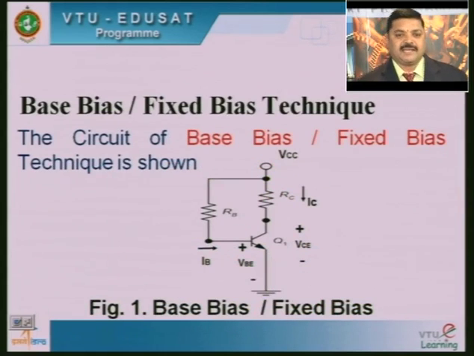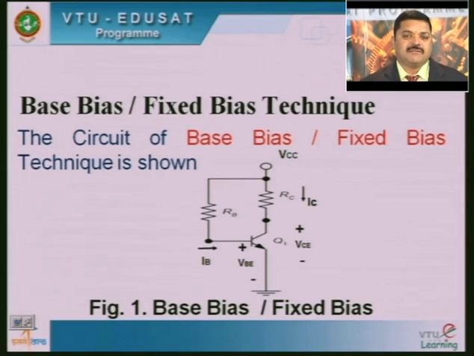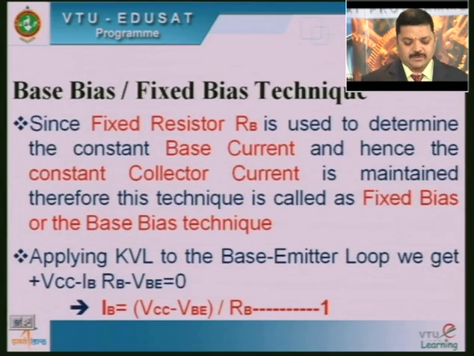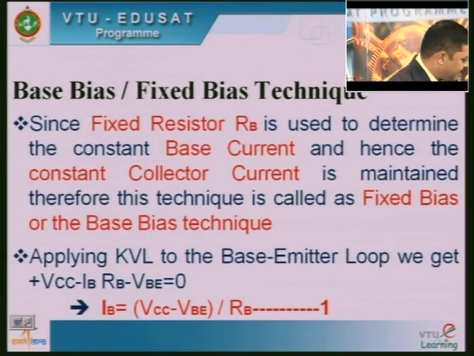So, let us apply Kirchhoff's voltage law to the input loop, that is the base emitter loop, so that we get the expression for the base current IB. Let us see on the board.